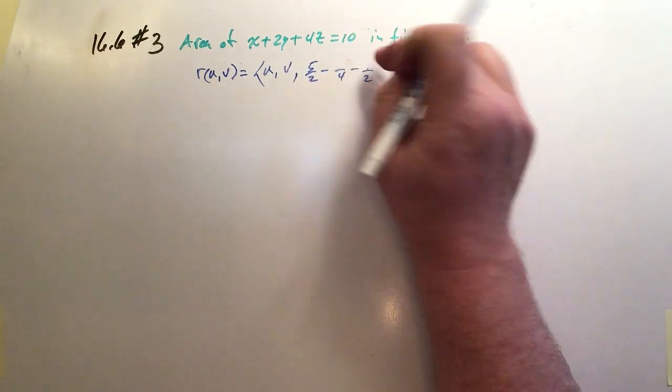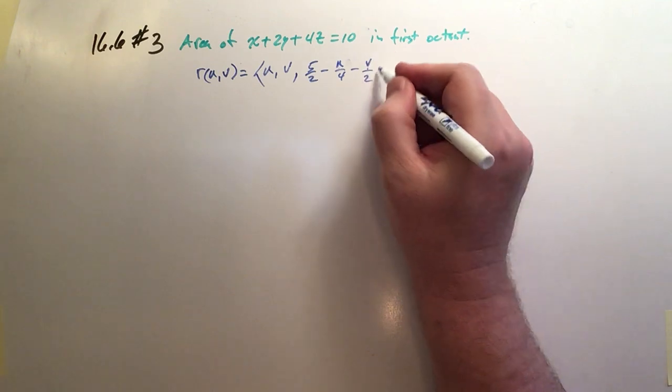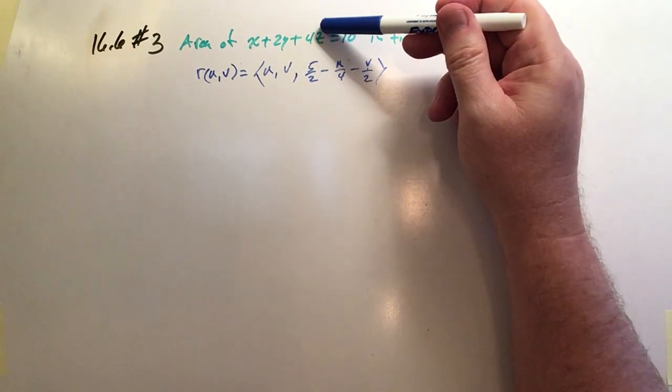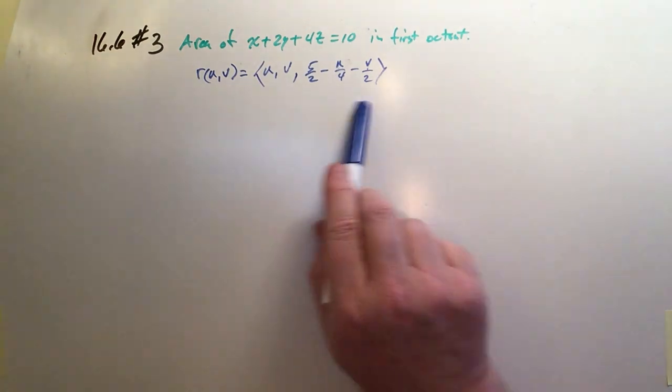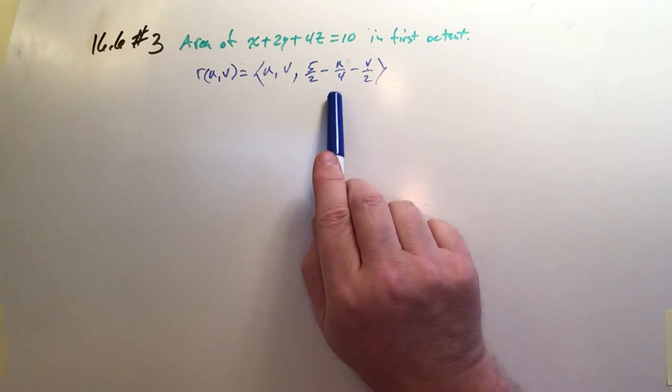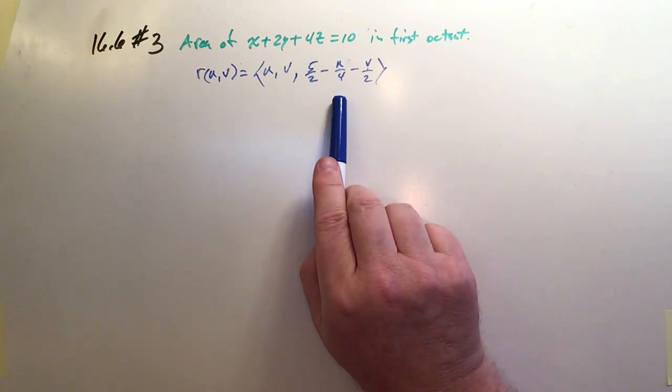And then, of course, x and y are actually u and v. So there it is. Because the function is easy to explicitly write in terms of z, parameterizing it is just making u x, v y, and z into whatever the function is defined as in terms of u and v.